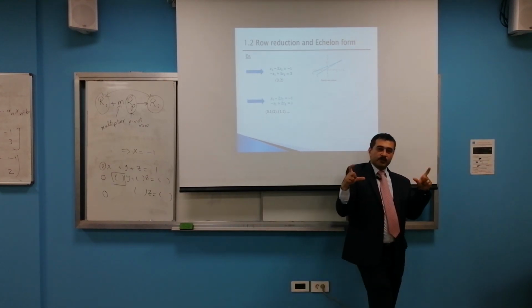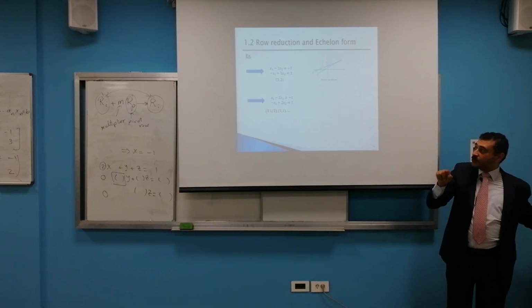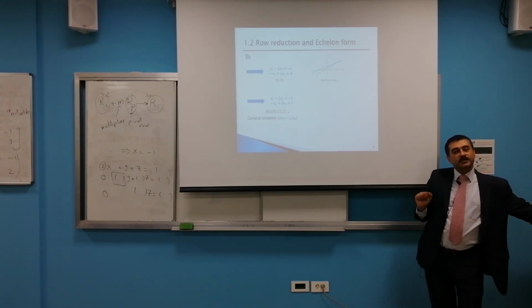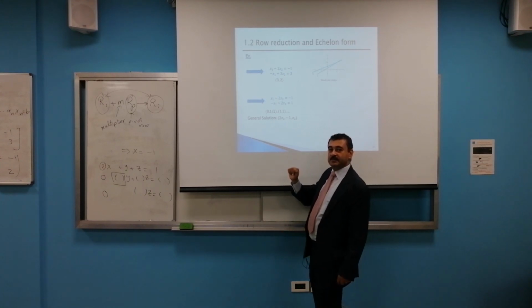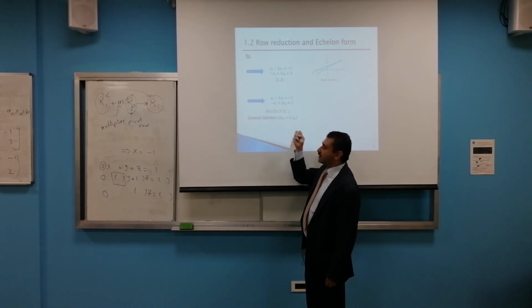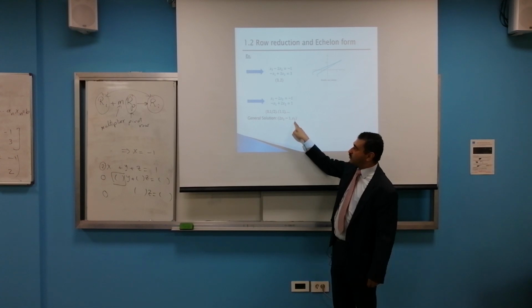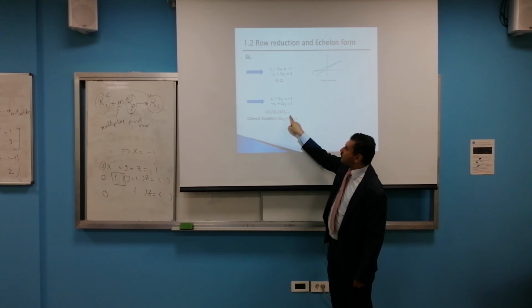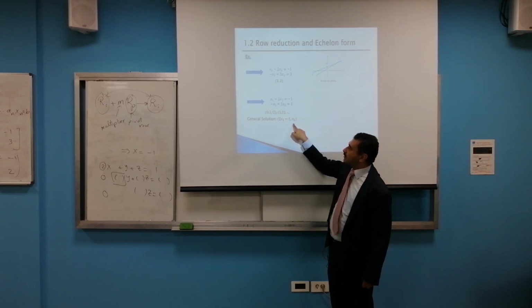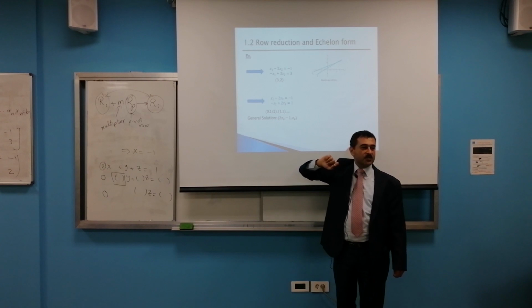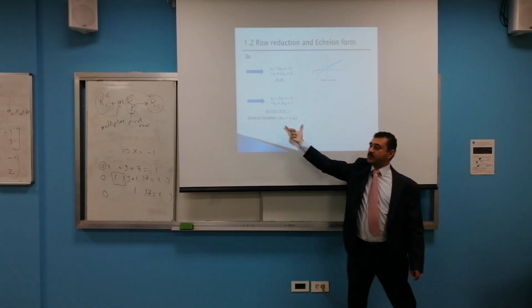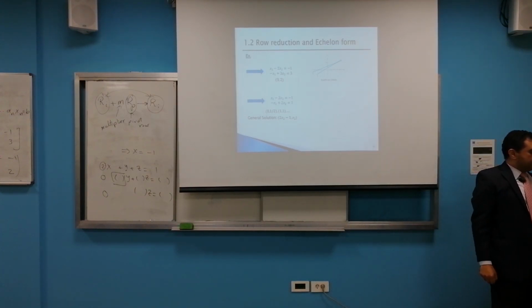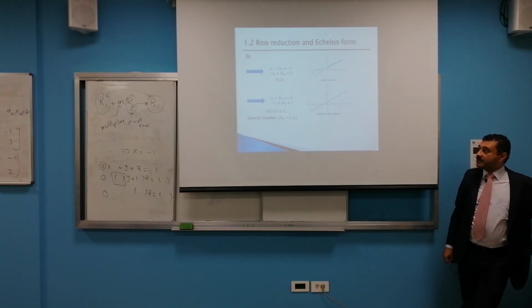So I can write the solution as 2x2 minus 1 and x2. ايه رأيك؟ بحيث if you want to get any solution, you simply put x2 any number here to get a solution. x2 equals 0 for example, you get -1 and 0. x2 equal 1, you will get 1 and 1, and so on. So this is called the general solution form. Okay? So this graphically represents the same line.